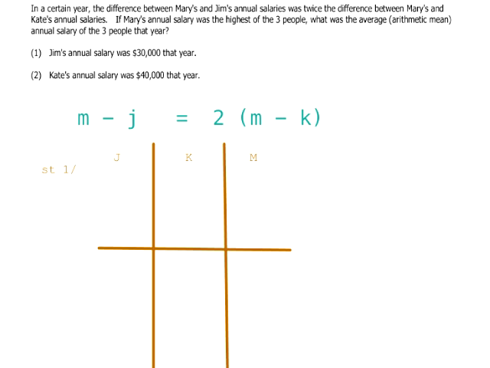So for statement 1, you have to pick 30,000 for J. Let's just put 30, so we don't need to keep putting the zeros there. So, well, if M is, let's say, 50, then M minus J is 20. So that means that that would have to be 10, and so K would have to be 40, and then the average is 40.